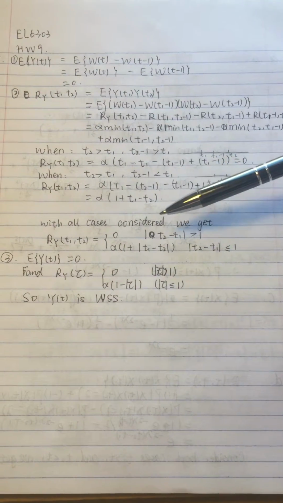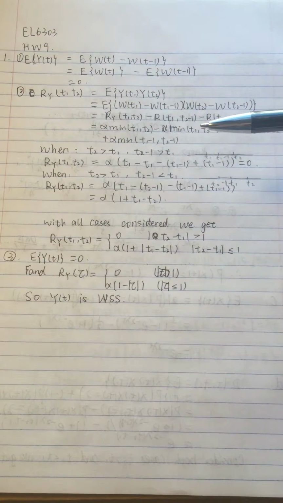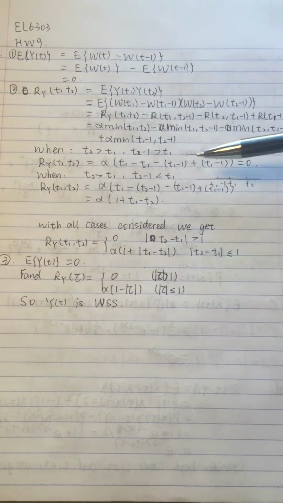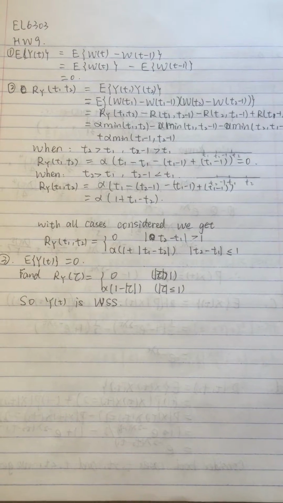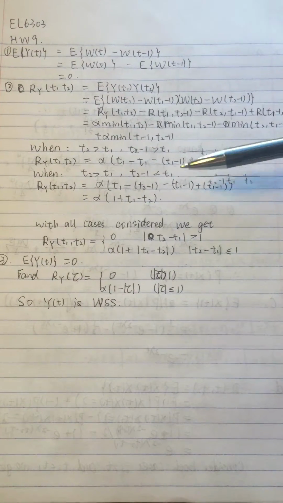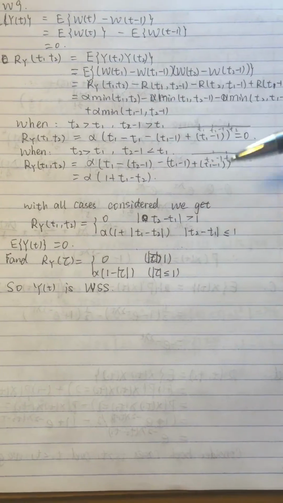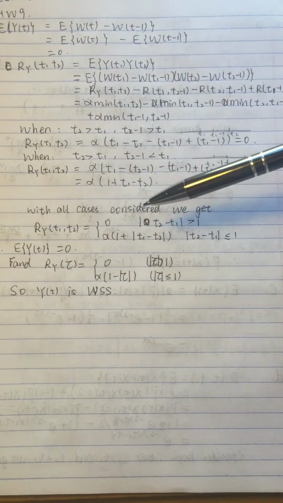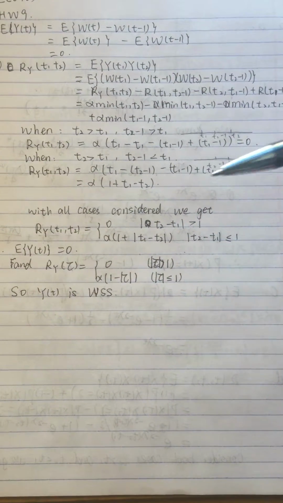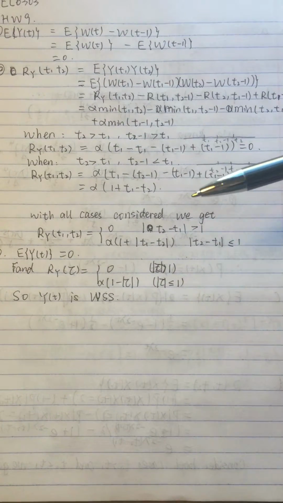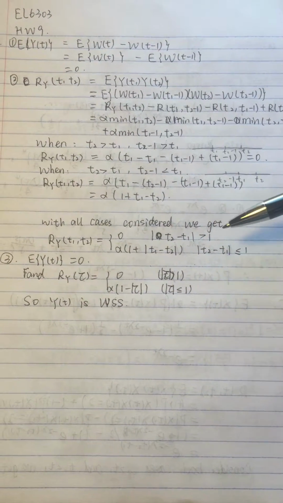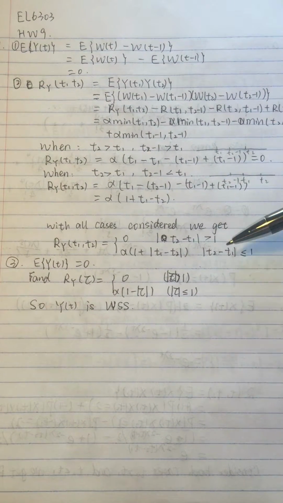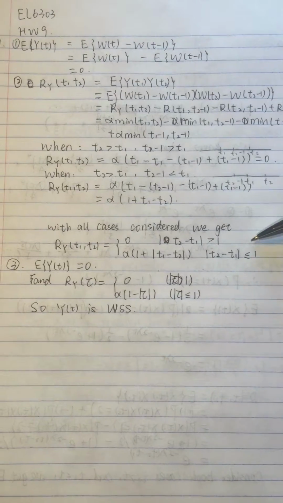So with all cases considered, we get the autocorrelation of t1 and t2 equals 0 when the absolute value of t2 minus t1 is greater than 1, and equals alpha times 1 minus the absolute value of t1 minus t2 when the absolute value of t2 minus t1 is smaller than or equal to 1.